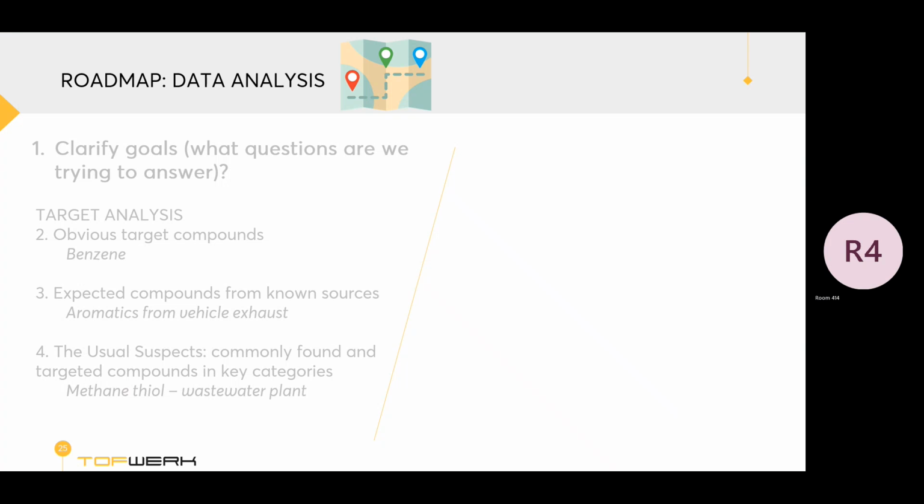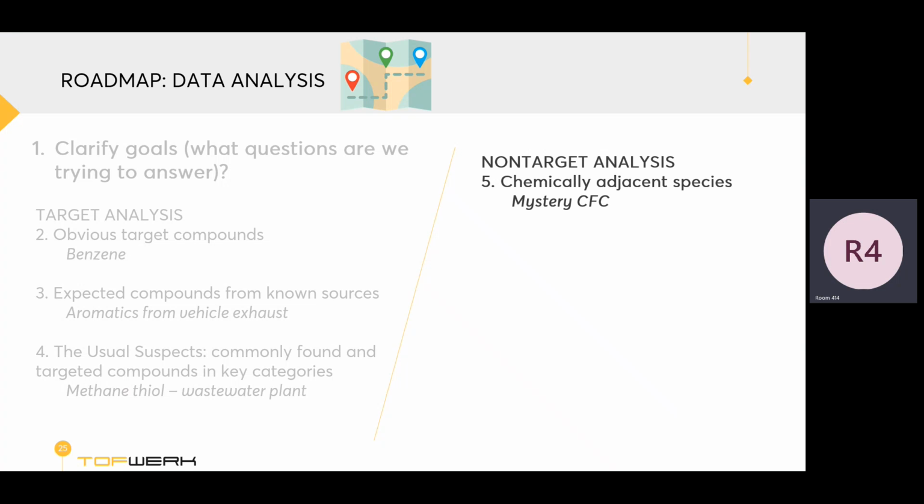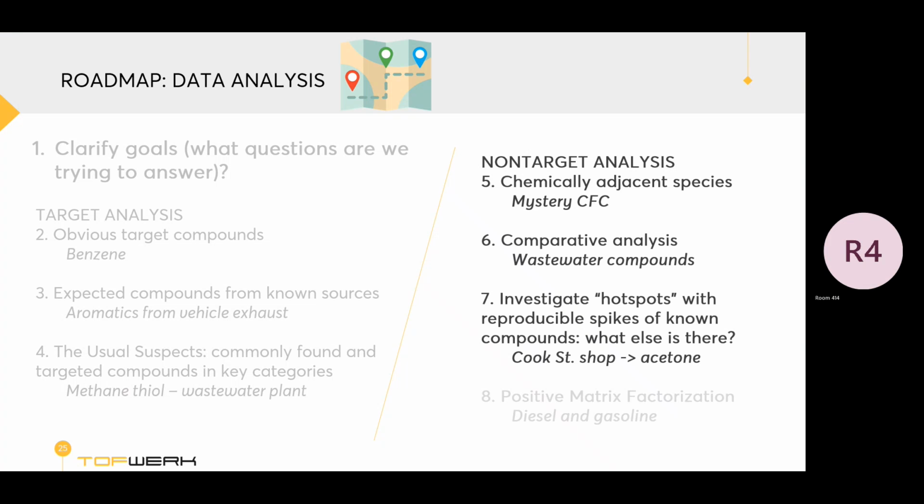Non-target analysis: looking for unexpected compounds and hotspots, rather than looking for a specific already-known compound. We've used 4 methods to find new compounds. First, looking for chemically adjacent compounds, then comparative analysis, investigating hotspots, and finally positive matrix factorization.